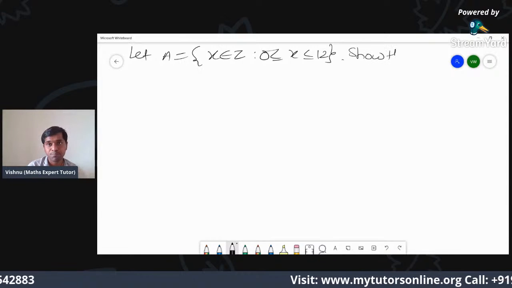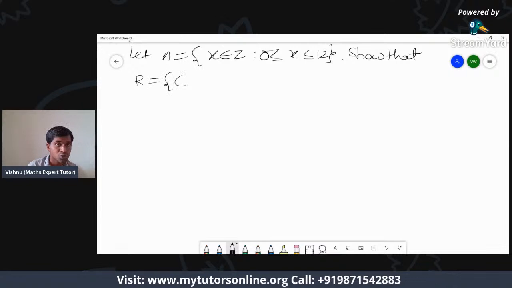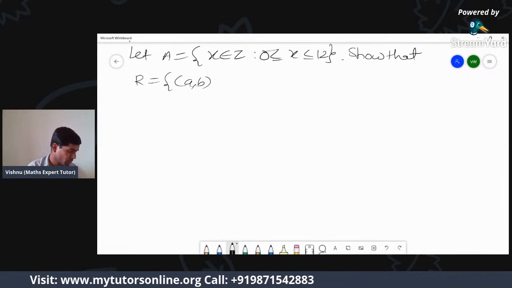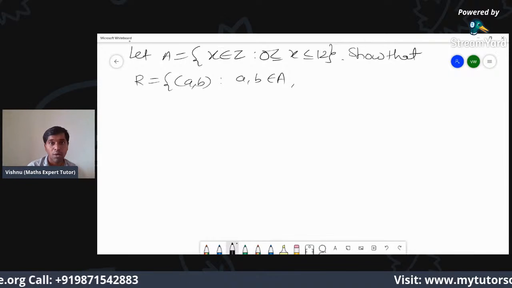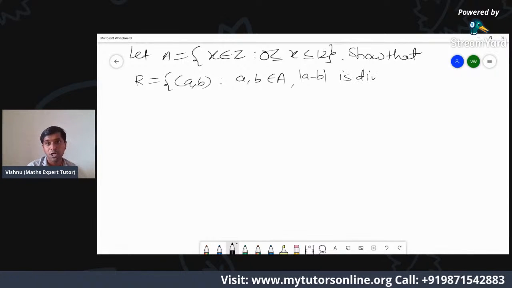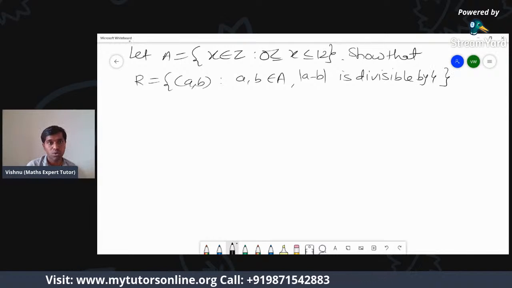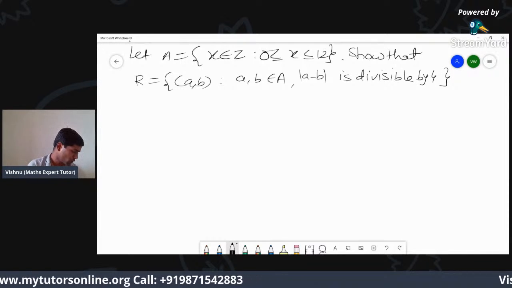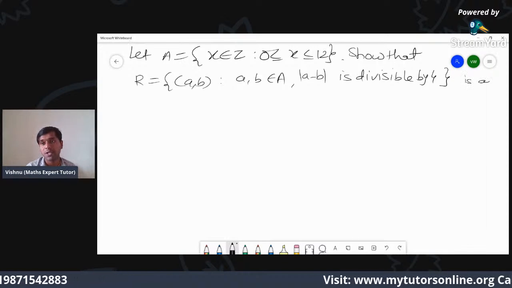Show that R = {(a, b): a, b belongs to A, |a - b| is divisible by 4} is an equivalence relation.